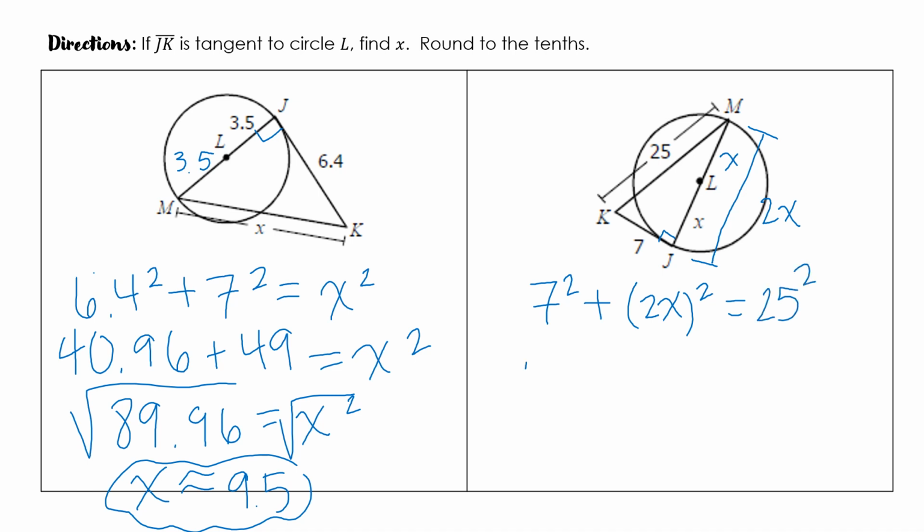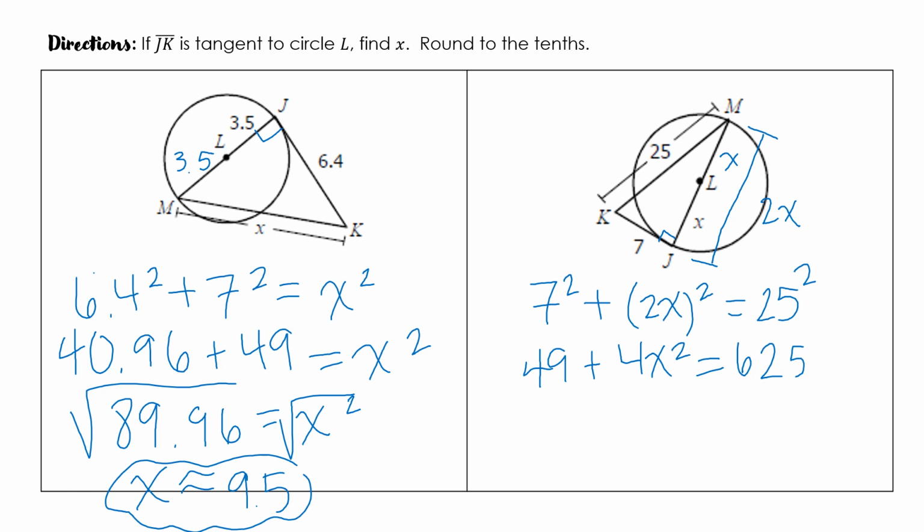So 7 squared is 49. 2x squared means 2x times 2x. So you need to square both the 2 and the x. So that will become 4x squared equals 625.